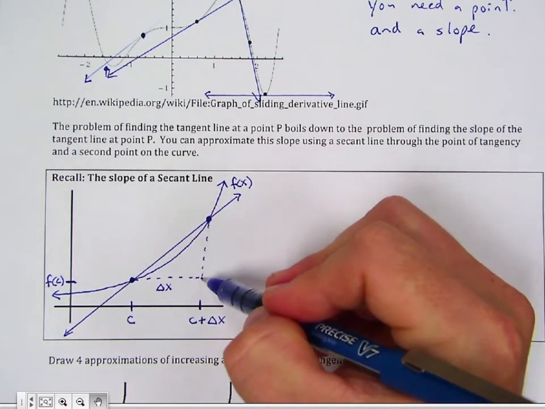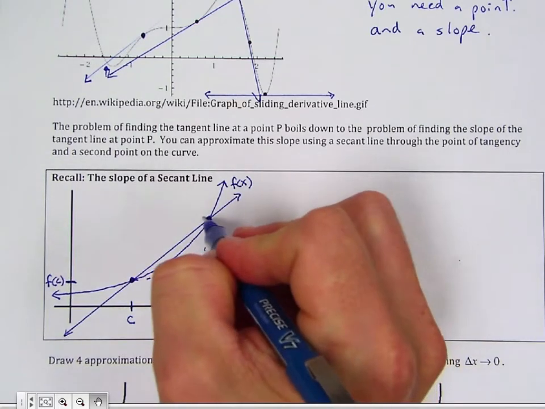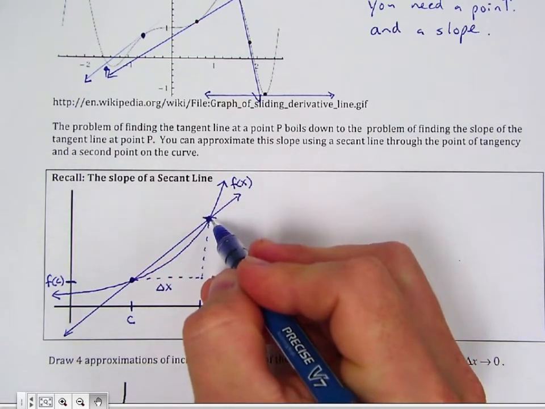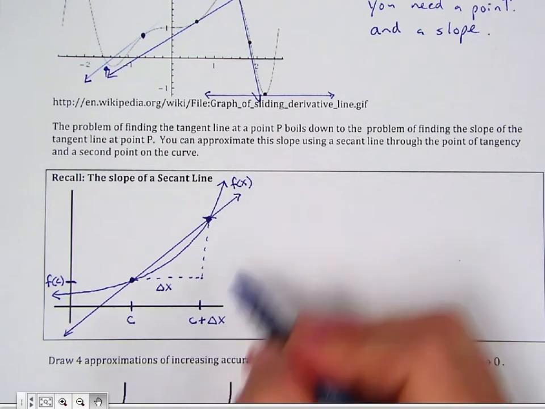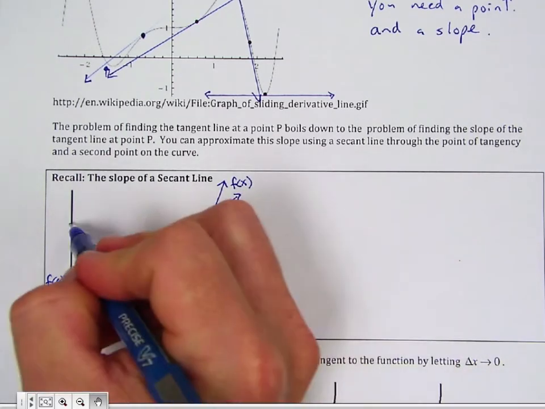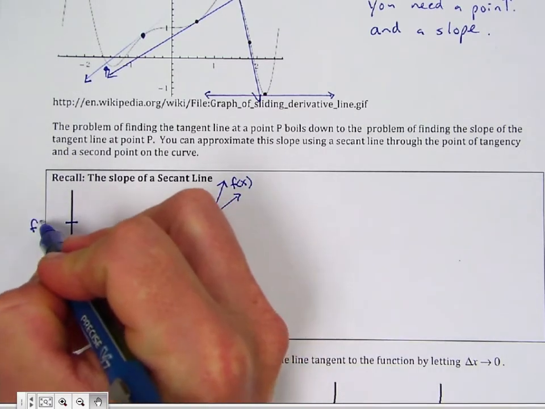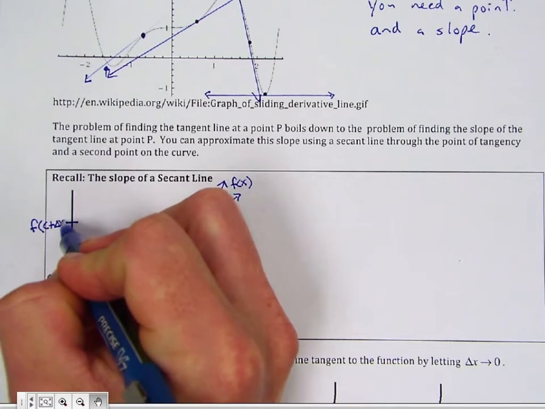Now if we think about this distance right here, we would map this point. What's the height of the graph right here? Well, it's our function where x is c plus delta x. So right over here, this is f of c plus delta x.